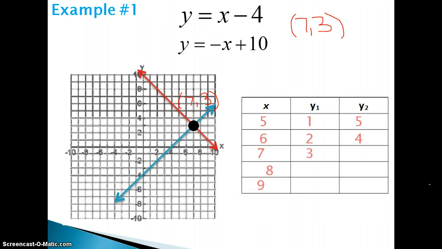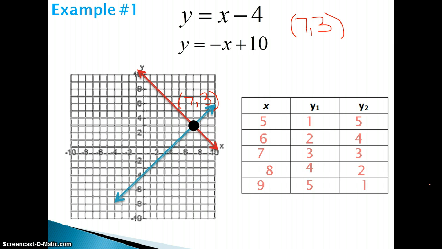When x is 7 for our first equation, it is 3. When x is 7 for our second equation, it is 3. When x is 8 for our first problem, it is 4. When x is 8 for our second, it is 2. When x is 9 for our first one, it is 5. And when x is 9 for our second equation, it is 1.